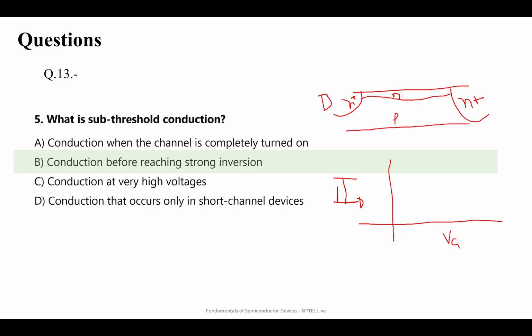It can be intrinsic or just above intrinsic, very slightly n doped, or very lightly p doped. So there will be some amount of electrons, like 10 to the power 10, or 10 to the power 9, or 10 to the power 11. That can correspond to some conduction. You can still see some current flowing through this channel.